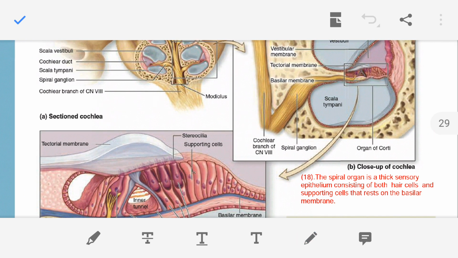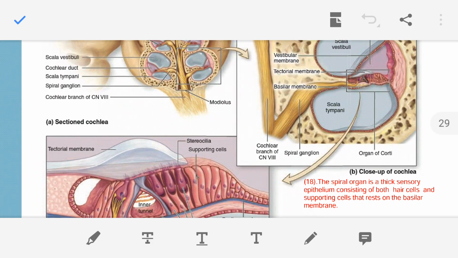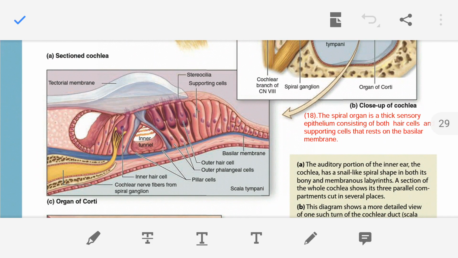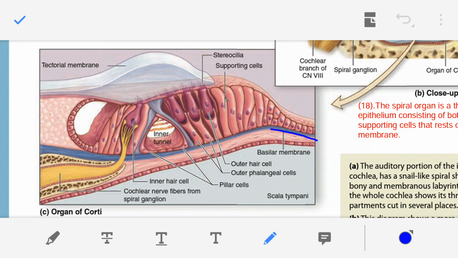For example, this is the rectangle box. See, organ of Corti, spiral organ, the name is written, and here also they are showing the organ of Corti. This part is the basilar membrane.